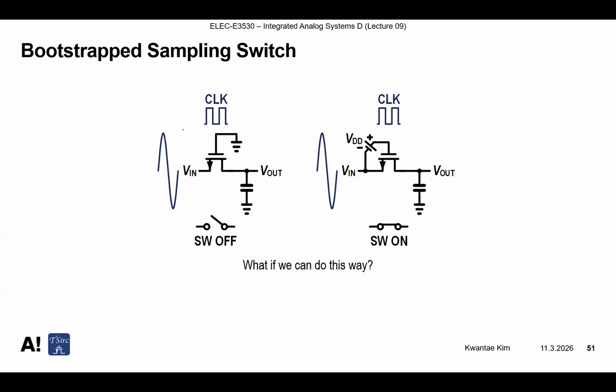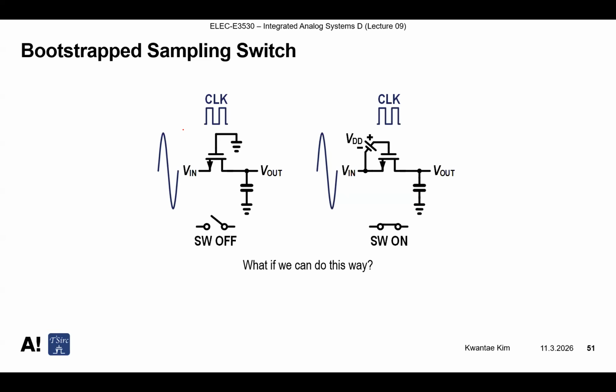So the concept of the bootstrapped sampling switch is this. When the switch is off, we want to drive the gate of the NMOS switch to ground to fully turn off the signal, no matter how large V in is, swinging from ground to VDD. As we put a gate voltage of 0, then definitely this switch is off.